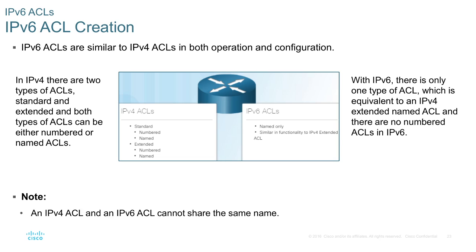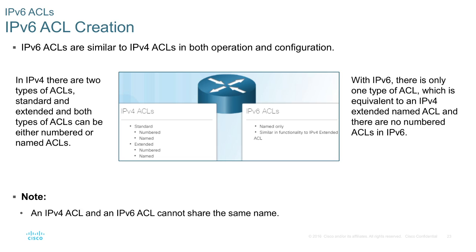In many ways, IPv6 ACLs are fairly similar to IPv4, but the main difference is that in IPv4 we had standard and extended, and also numbered and named ACLs, whereas in IPv6 we only have named and something similar to extended.